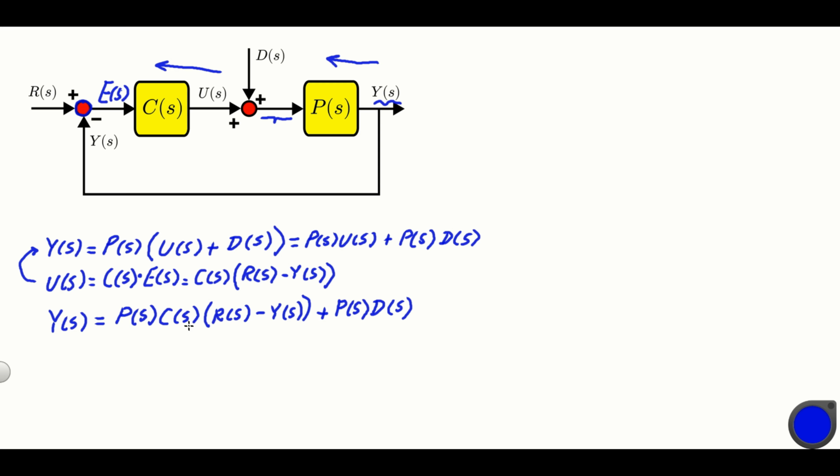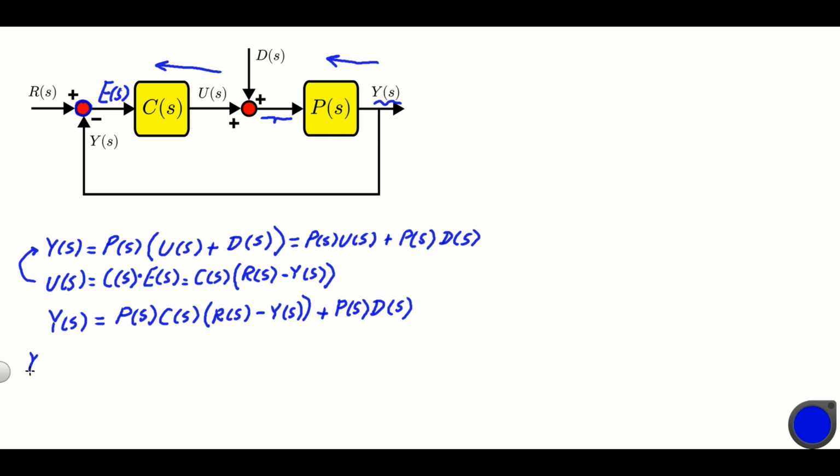Well, note over here one very important thing. We have on the right-hand side Y of S and on the left-hand side Y of S. So let's group all the terms multiplying Y of S on the left-hand side. It's easy to see from this equation that we have P of S, C of S minus Y of S. When it goes to the left-hand side becomes plus.